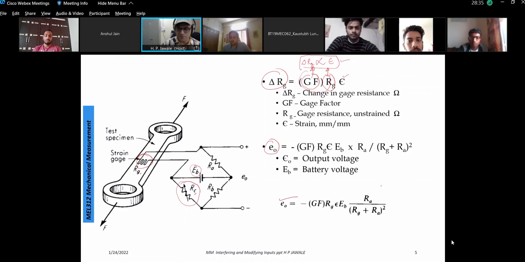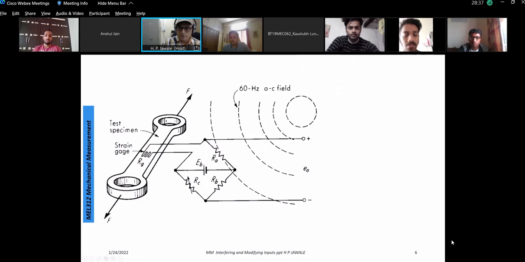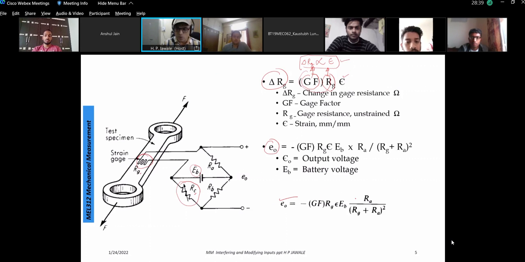Again, this equation is the same here, where the output voltage, now this is going to remain constant. Say if I write this as K, then this will be equal to the strain into the input voltage and this relation of the wires because of the strain gauge circuit.